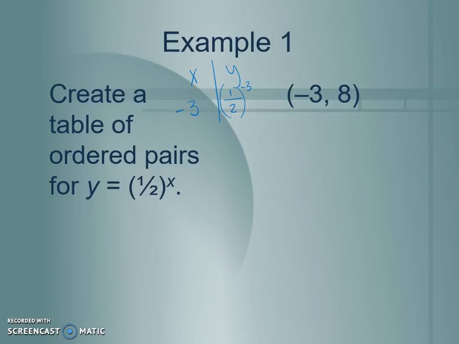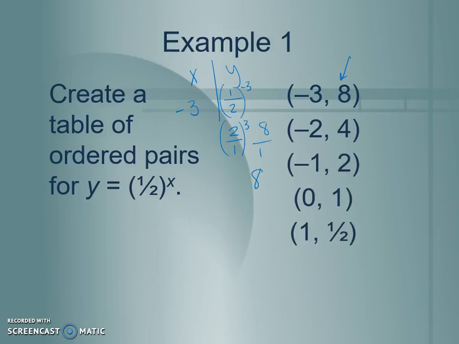So this is like saying 2 over 1 to the third power, and 2 to the third power is 8, and 1 to the third power is still 1, so that just equals 8, which is where this 8 comes from. Likewise with -2, -1, 0, 1, 2, and 3.